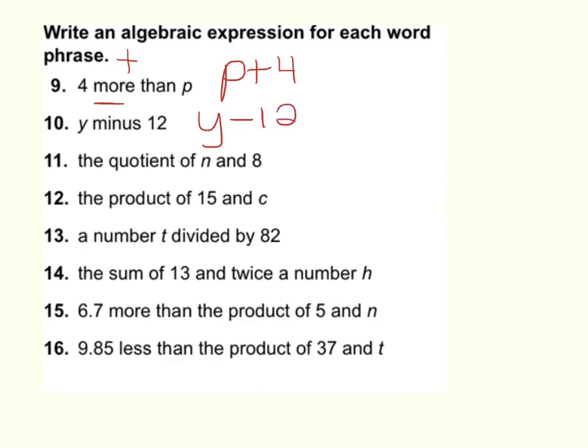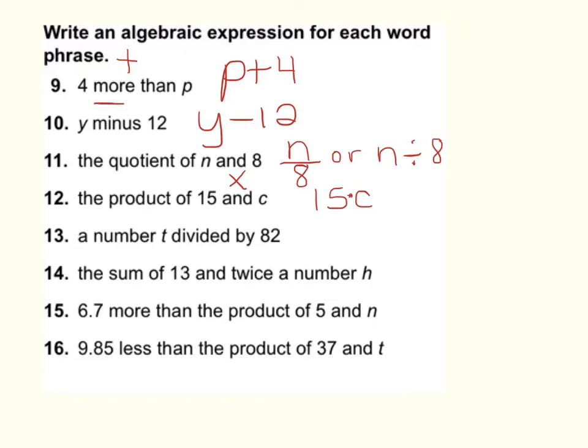Quotient for number 11 here is division, remember? So we take the quotient of n and 8, or we can write this as n divided by 8. Either one works. The product of 15 and C is multiplication, so we say 15C or 15 times C. Usually we use a little dot for multiplication.